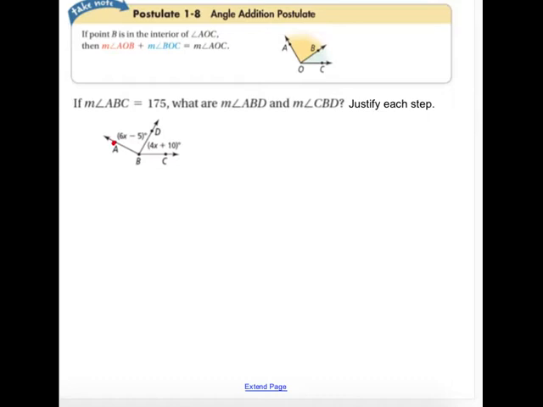The angle ABC says if that's 175, what are angle ABD, that's this one, and angle CBD, that is this one. So I know that those two smaller ones make up the big one, which is 175. So we're going to figure out what x is and then plug that back in. And we got to justify.